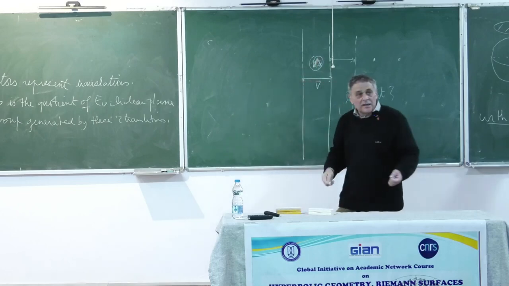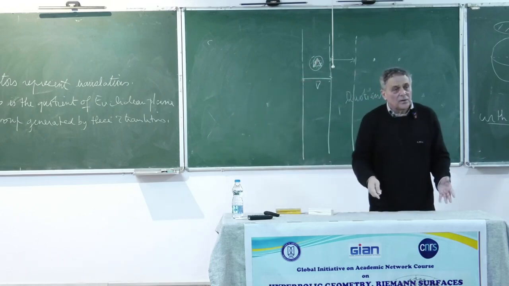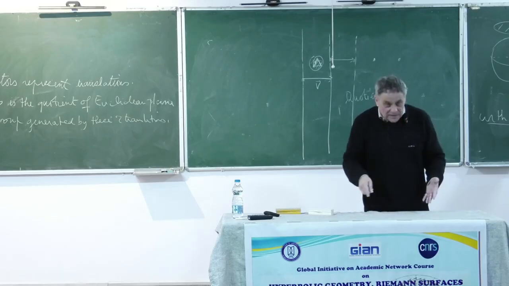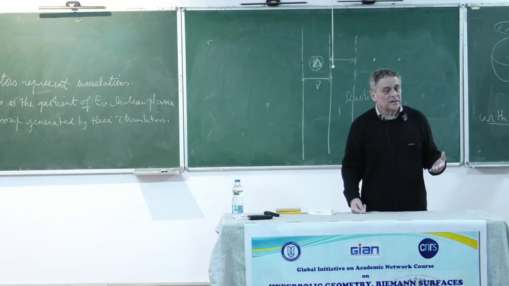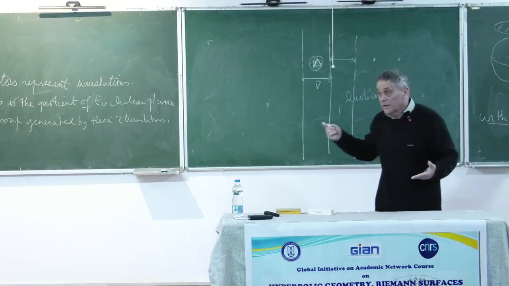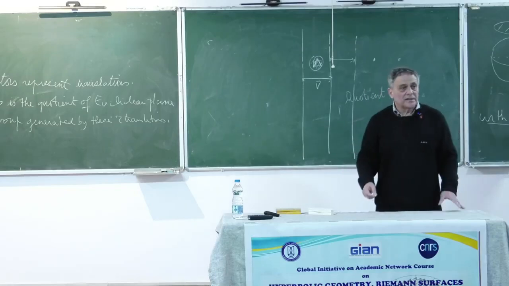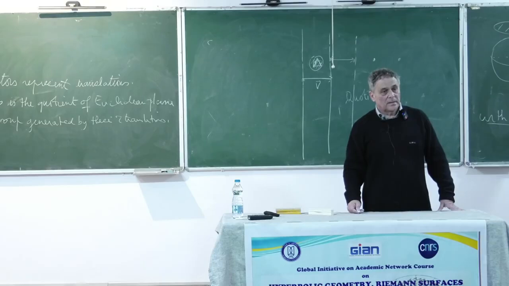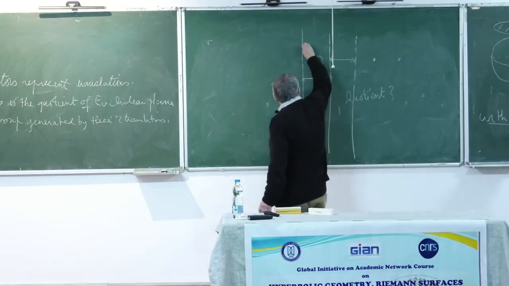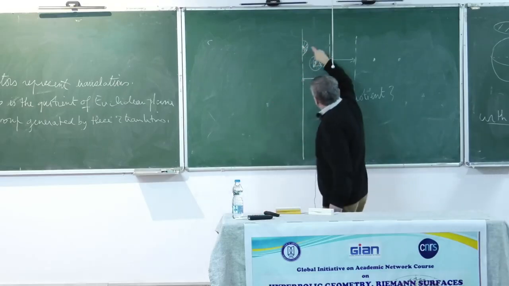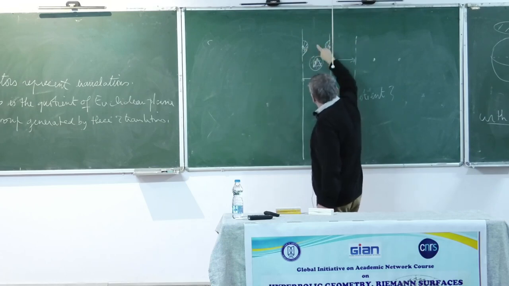I can compute this for all my triangles around me, and this is the meaning of the fact that the cylinder is equipped with a Euclidean structure. Even this point here has a neighborhood which I can continue here because it's identified with this point.